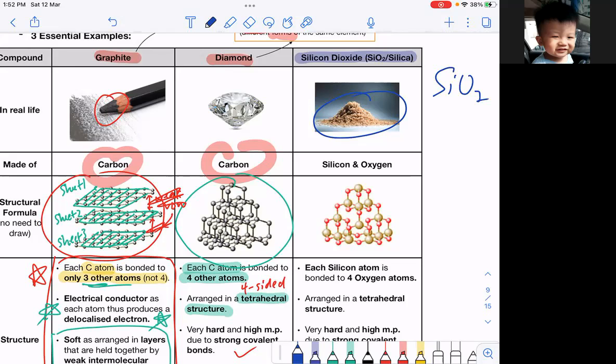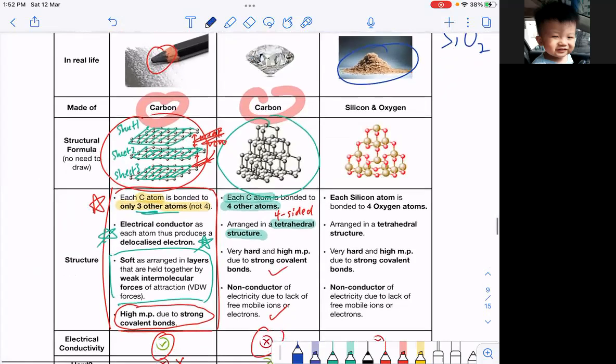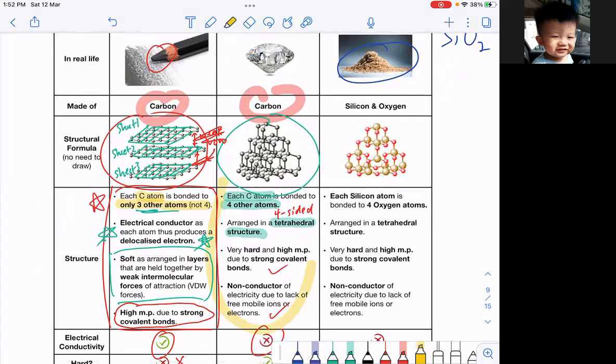But when I give you 1 crazy zillion pieces of little grains of sand, you feel it soft because you're stepping in between, got air and all that. But if I take out 1 grain of sand, it's close to as hard as diamond. How come I don't teach a lot of SiO2? Because you realize this and this is almost the same.